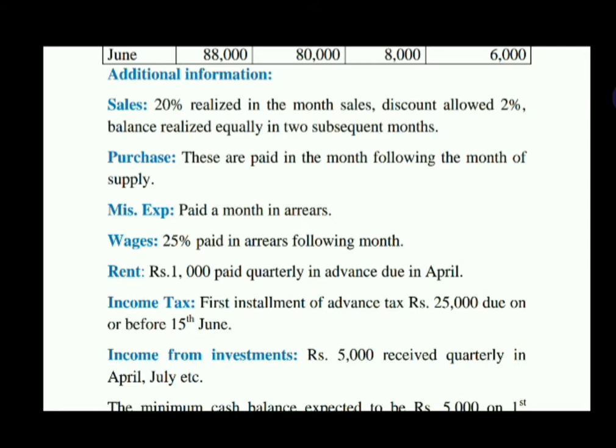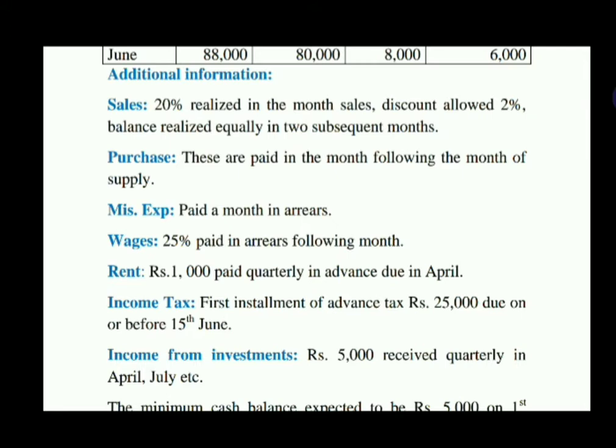If we purchase raw material from the supplier in March, the amount will be paid in April. That is called the following month of supply or the following month of purchase.